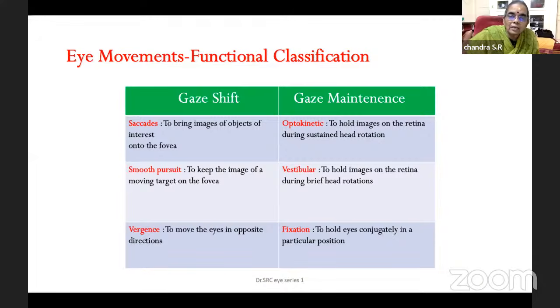So the gaze maintenance systems are the optokinetic system for sustained rotation, the vestibular system for brief rotation, and fixation, which is a synthesis of all these to hold the eyes conjugately in a particular position. And for gaze shift from one target to another, a quick shift is saccadic, a slow continuous shift is smooth pursuit, and an opposite shift is vergence, which is convergence or divergence.